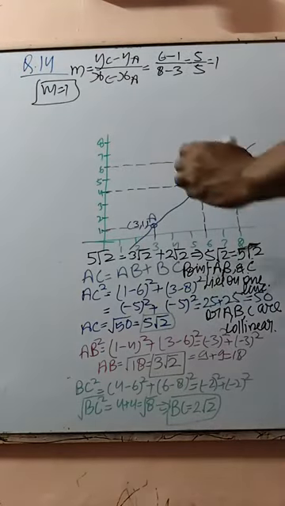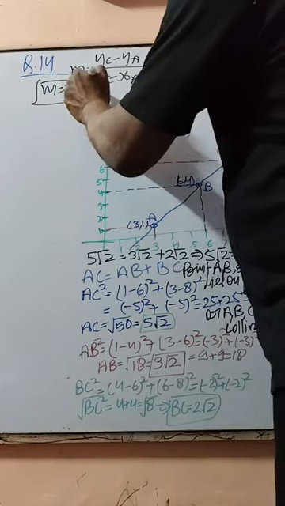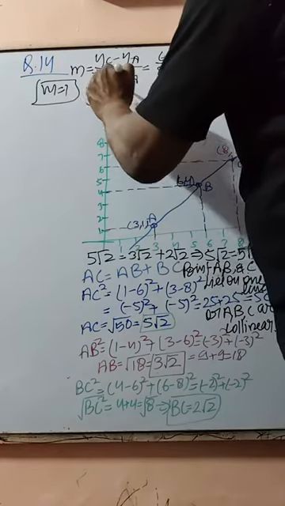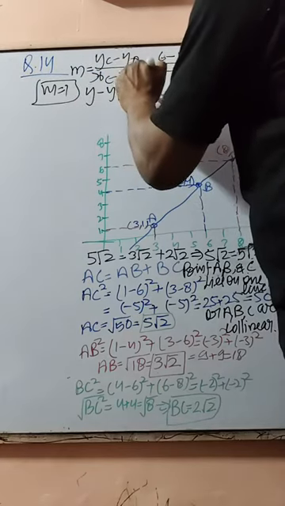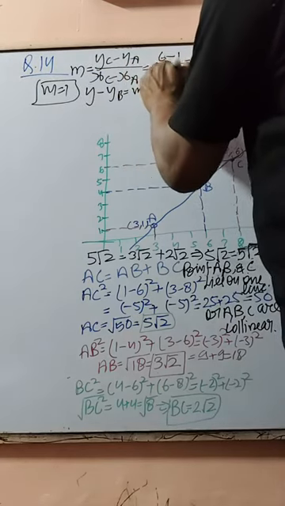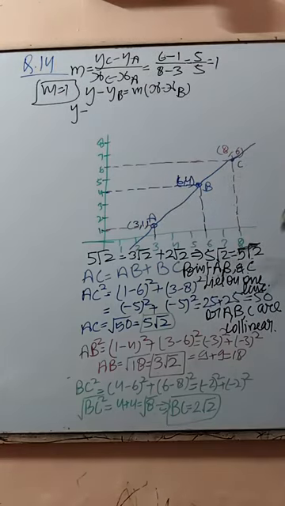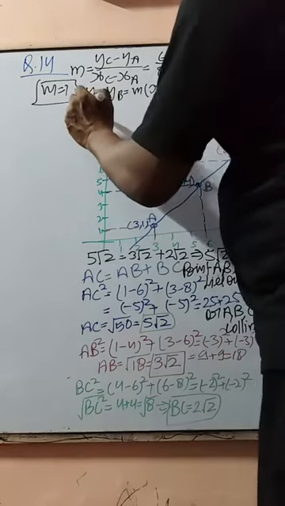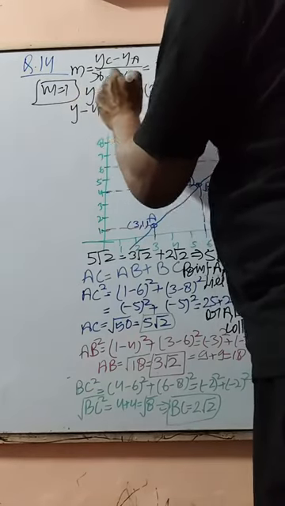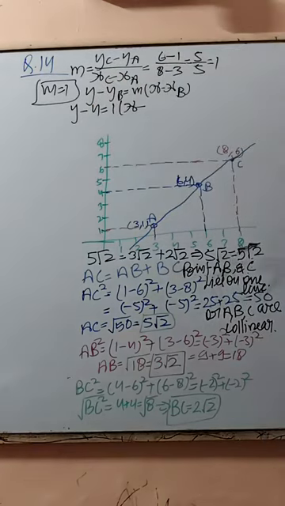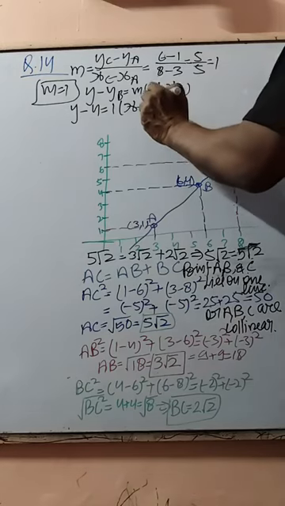So m is equal to 1, right? Now y minus yb is equal to m bracket x minus xb. So y minus yb is how much? y minus 4 is equal to 1 bracket x minus 6. x is equal to 6. Sure? Yes.